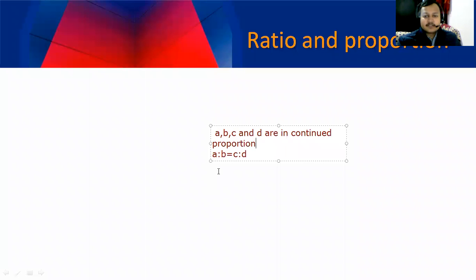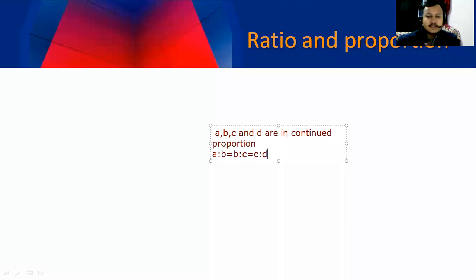I think ratio and proportion we discussed in previous classes, in lower classes 7 and 8, but continued proportion is new for you. If these are in continued proportion, the ratio becomes A is to B is equal to B is to C is equal to C is to D.